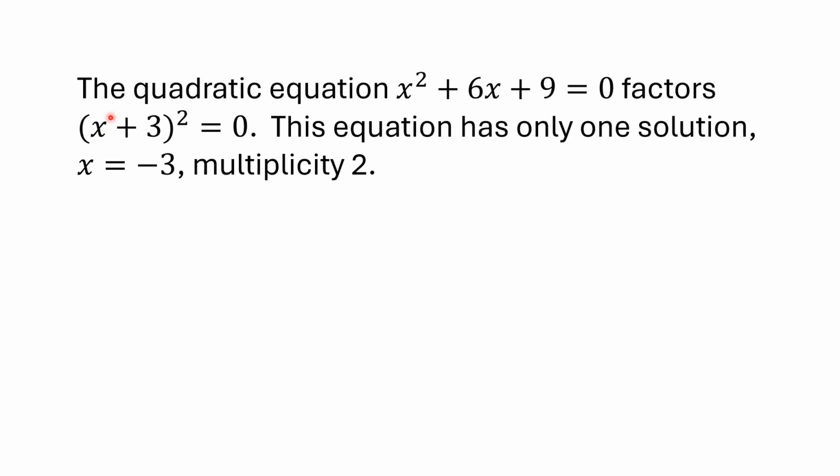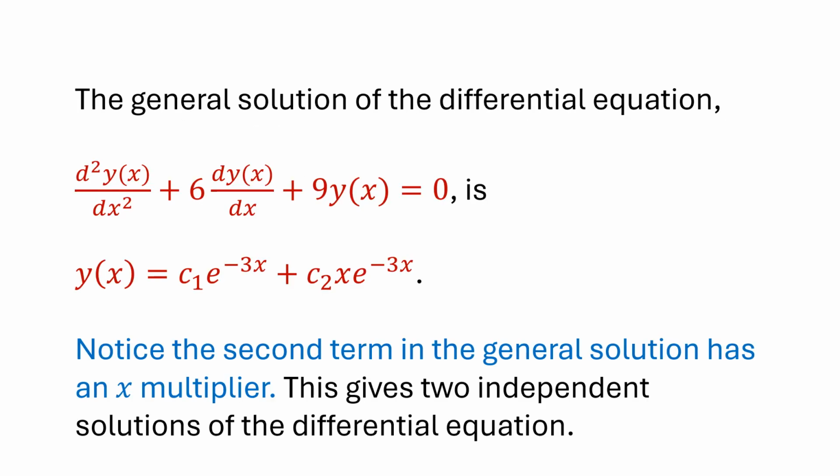Now, the quadratic equation x squared plus 6x plus 9 equals 0 factors as x plus 3 squared equals 0, which gives us x equals -3 with multiplicity 2. But remember, I need two independent solutions to the second-order differential equation.